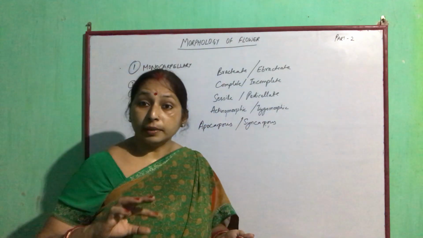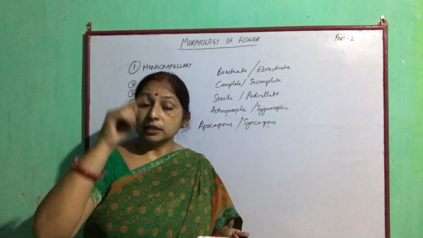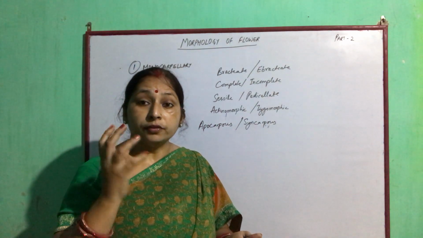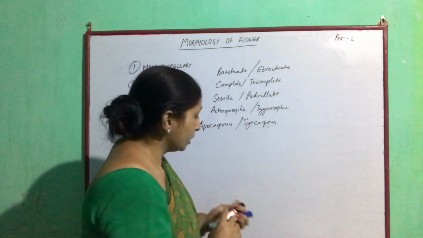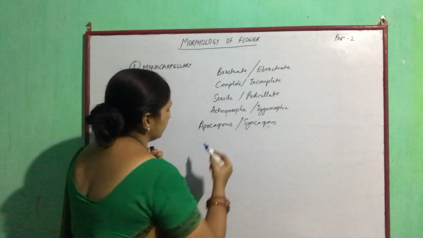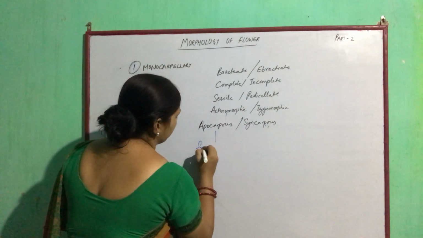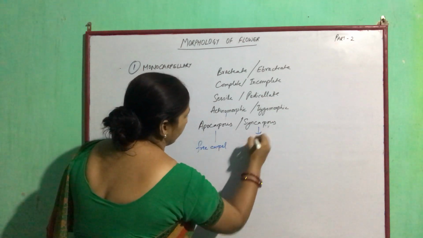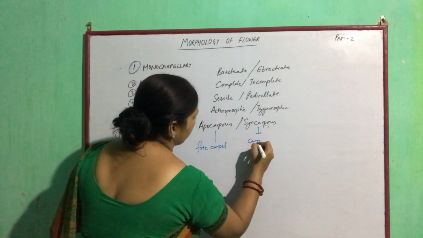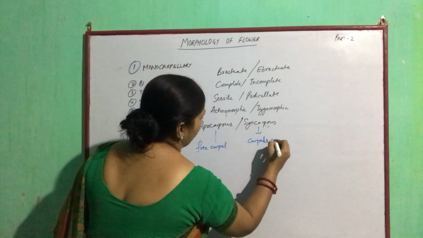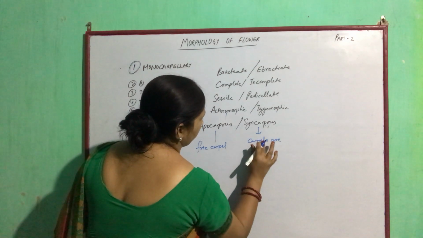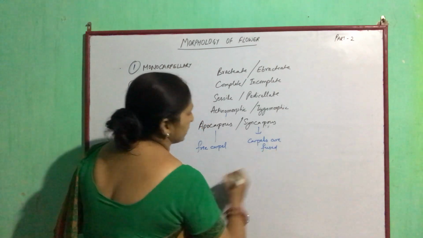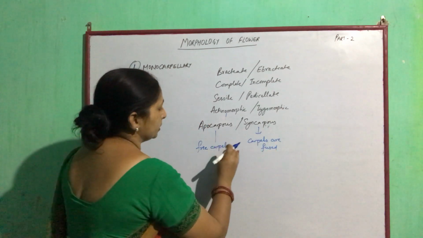It is about the carpel, the female reproductive structure. Stigma, style, ovary form a carpel. Apocarpous if the carpels are free. When the carpels are free, then it is apocarpous. If the carpels are fused, then it is syncarpous. Apocarpous and syncarpous.